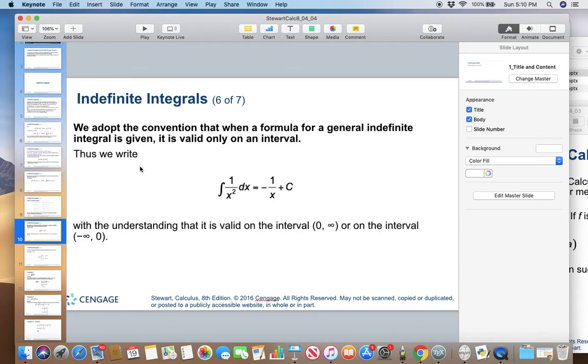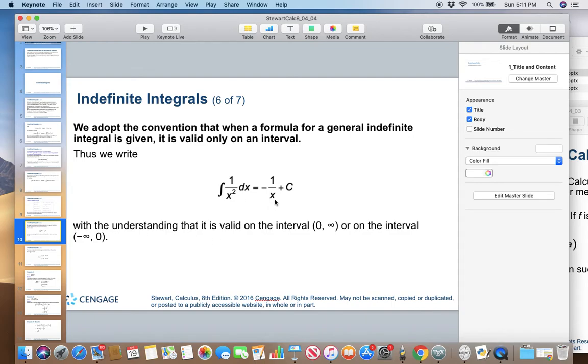Okay, so the integral of 1 over x squared dx equals negative 1 over x plus c. Now this you have to understand as being valid on the interval 0 to infinity or on the interval negative infinity to 0. Why?